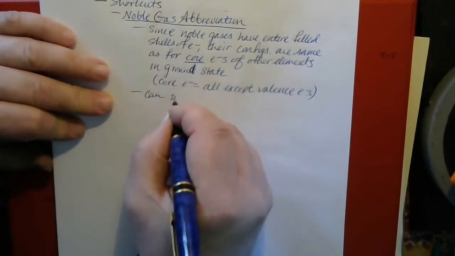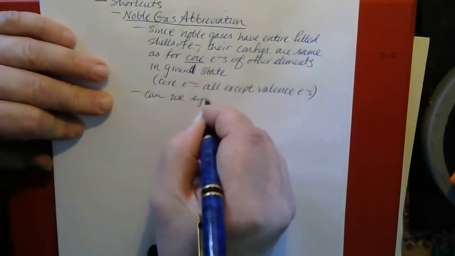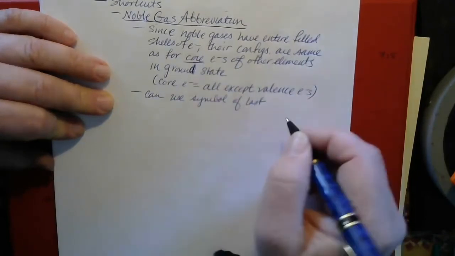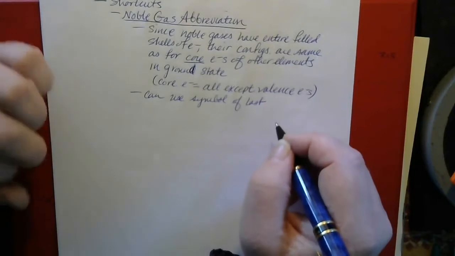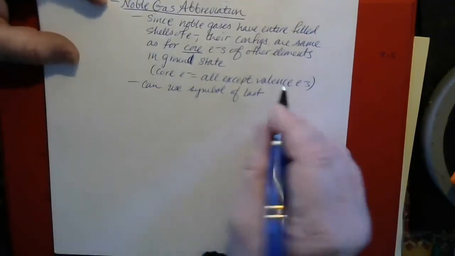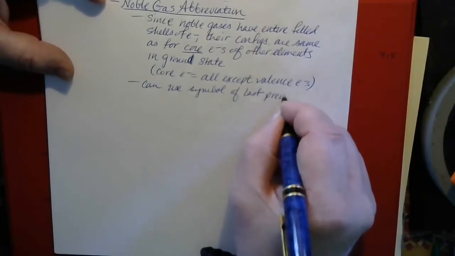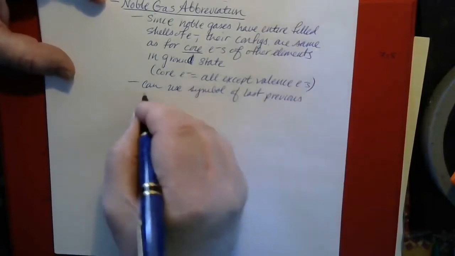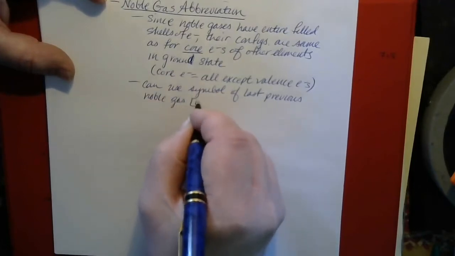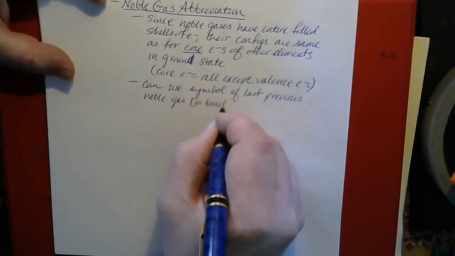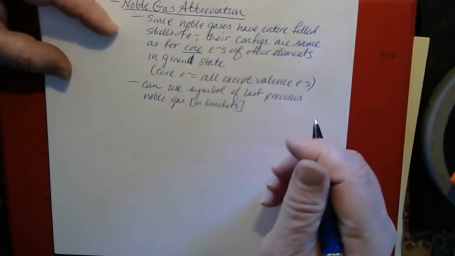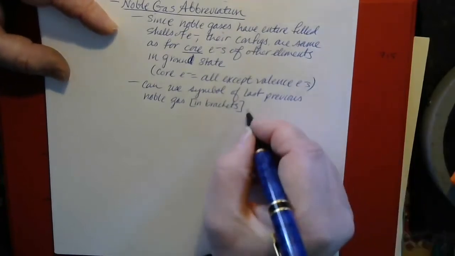As a result of this, when you're doing electron configurations, one handy shortcut is to use the symbol of the last previous noble gas in square brackets to represent the core electrons of an element.